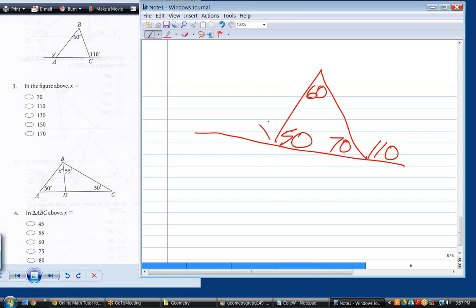And then x is supplementary with the 50, so x is going to be 130. Notice also that that's the same as the sum of this 60 and that 70. This is the alternate exterior angle theorem. If I label that 50, notice that this 110 is the sum of 60 and 50.